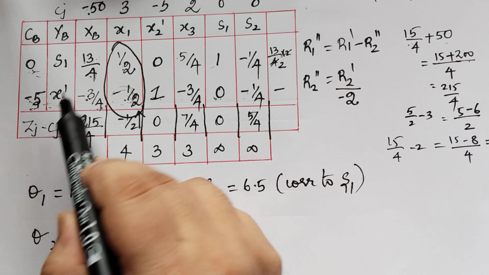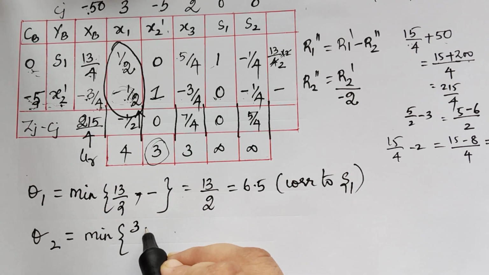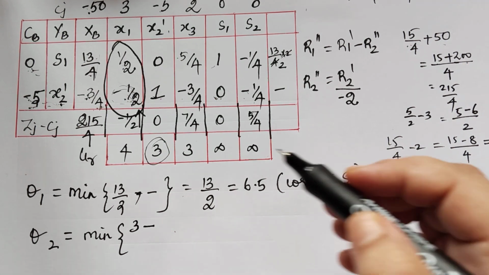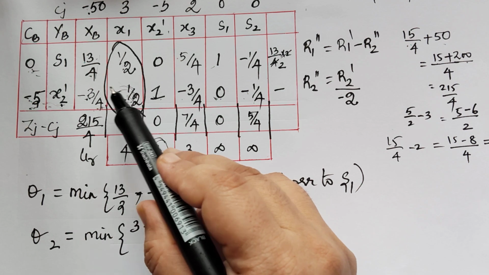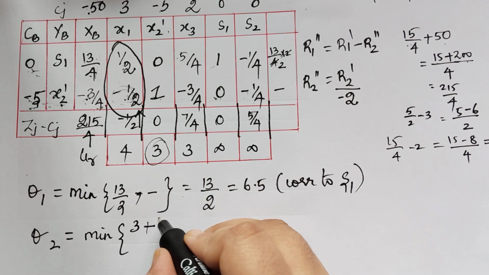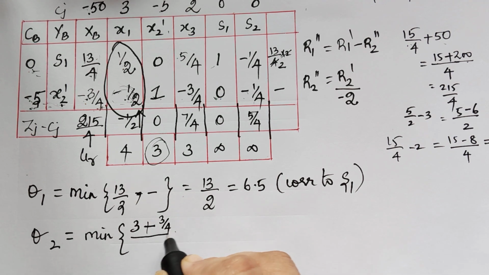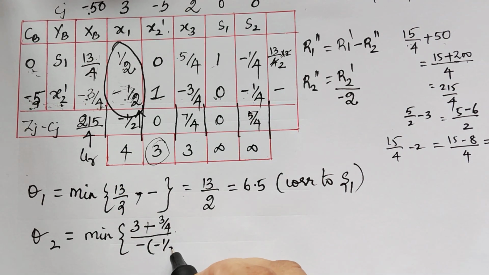And what is the upper bound for x2 dash? It is 3. So that we have to write. So 3 minus the xb value corresponding to the negative value, which is minus 3 by 4, so minus into minus plus 3 by 4. The whole divided by minus of the negative value that we have, so minus 1 by 2.